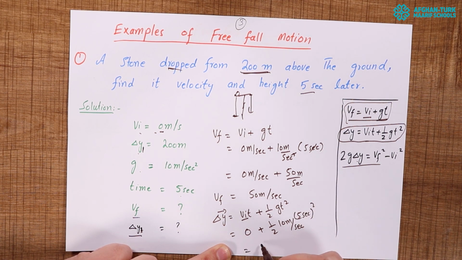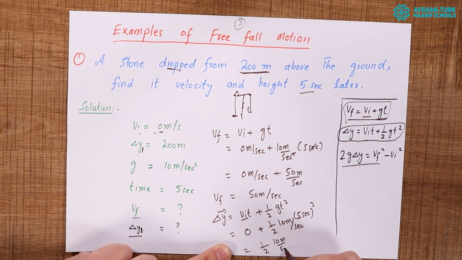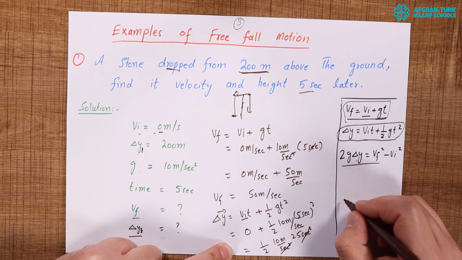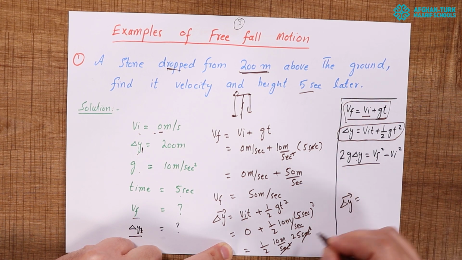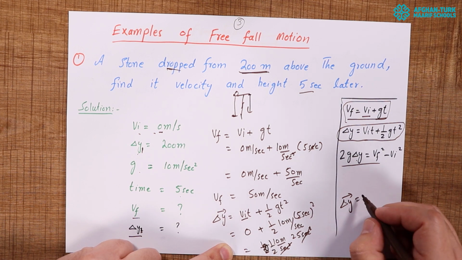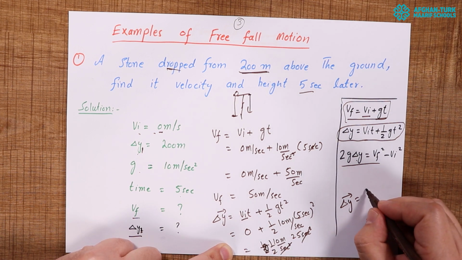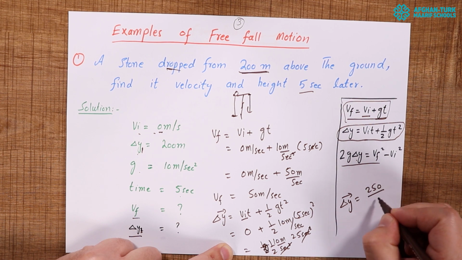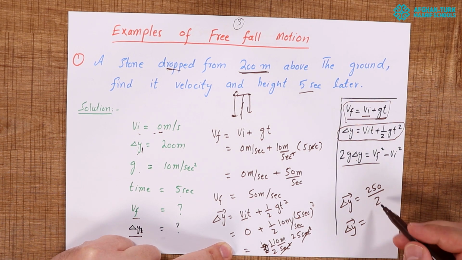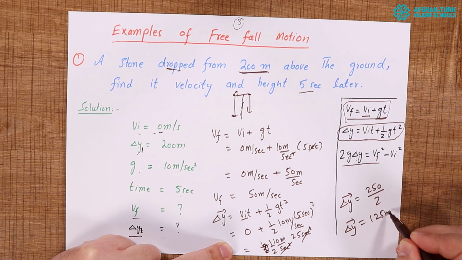So putting the value here, 1 by 2, 10 meter per second square, and this is 25 second square, so square will be cancelled with this one, and now delta Y is equal to 25 multiplied by 10, which is equal to 250 divided by 2, and now delta Y is equal to 125 meter.